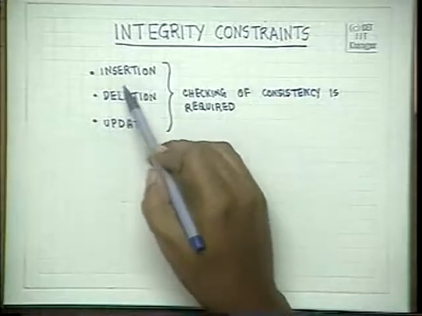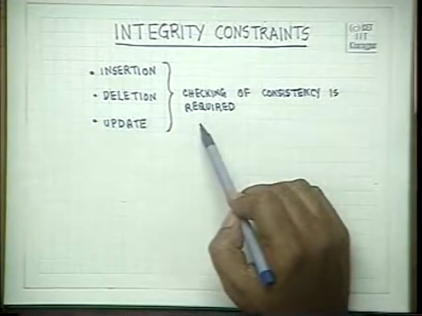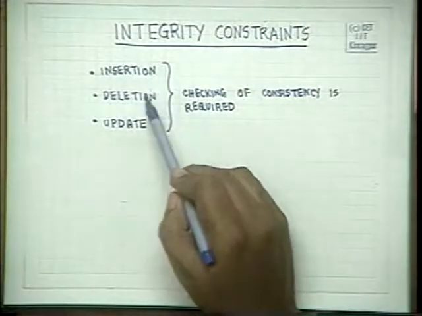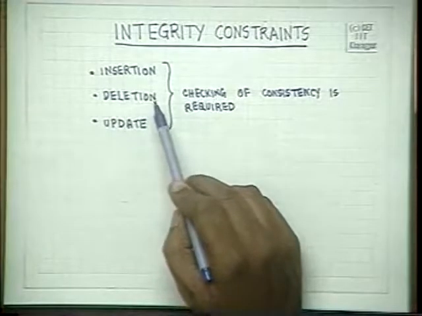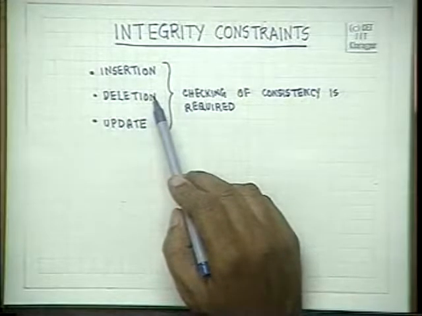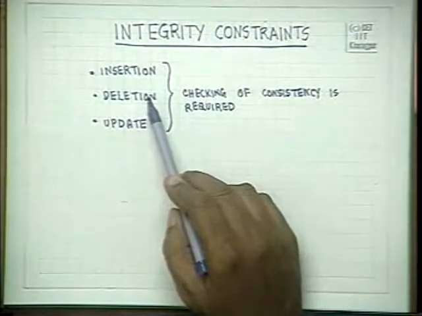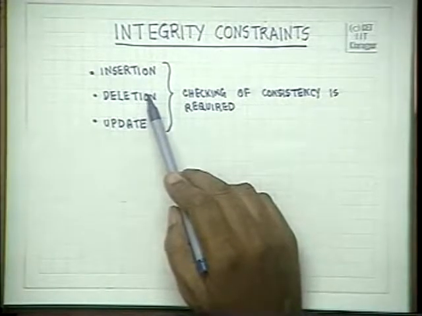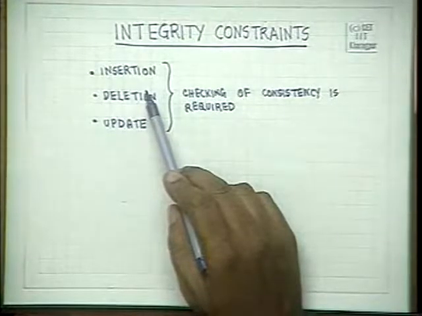So, these are the three important places where checking of consistency is required: insertion, deletion, and modification. Every time you add a new element, you have to check whether it's of a particular type, whether the relationship is 1-1, 1-2, 2-1, whatever the relationship has been defined, that has to be checked. And we have to check whether the primary key or the key attributes are really working as key attributes or they are working as anything else.